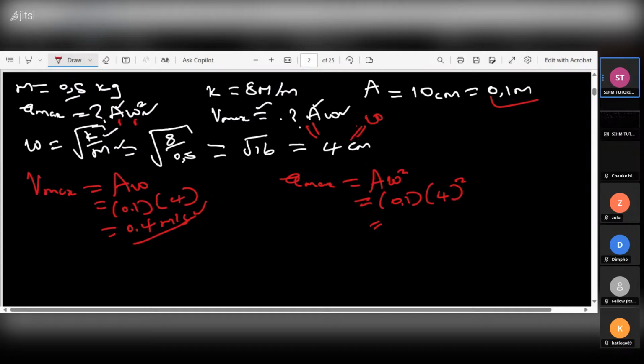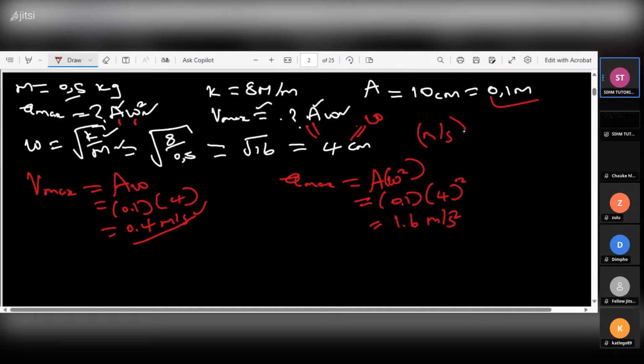When you multiply this, you're going to get 1.6 meters per second squared.